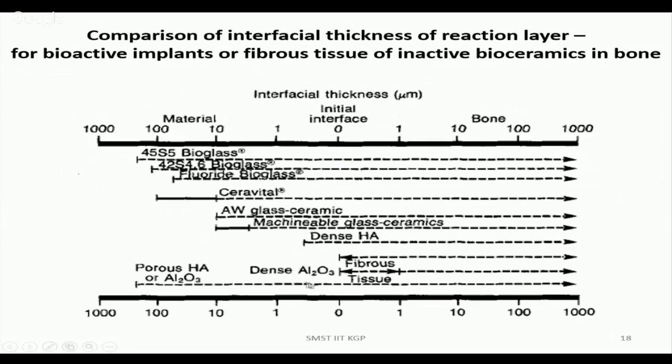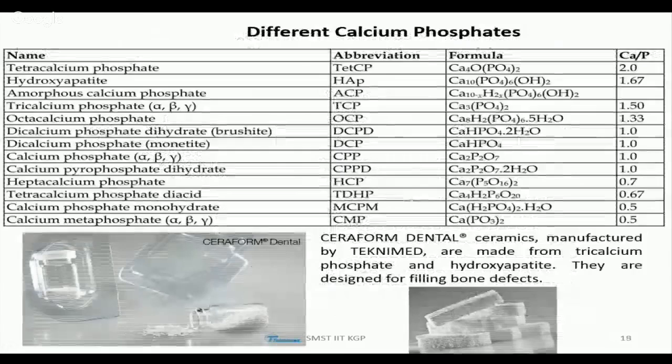And we know that for alumina there is a fibrous tissue formation, whereas for bioactive glass there is tissue adhesion and tissue growth on the surface of the material. So this is very interesting.